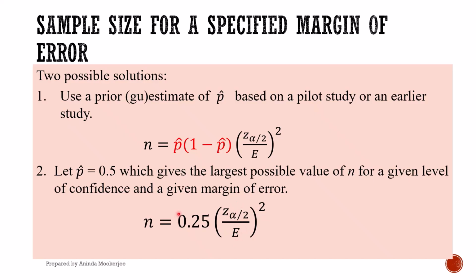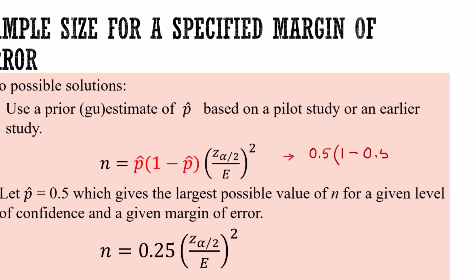So essentially, into the same formula, we plug in 0.5 for p hat, and what we will end up with is, if we choose to use 0.5 for p hat, we will have 0.5 times 1 minus 0.5, which is 0.5 times 0.5, which gives us this 0.25.